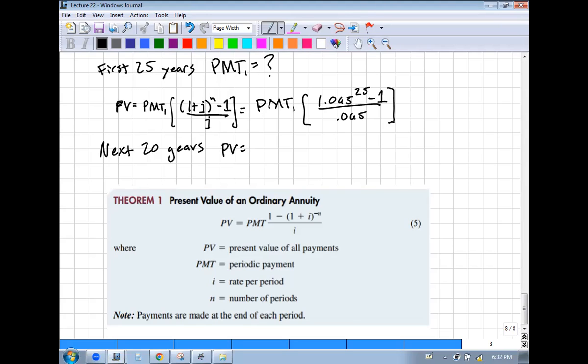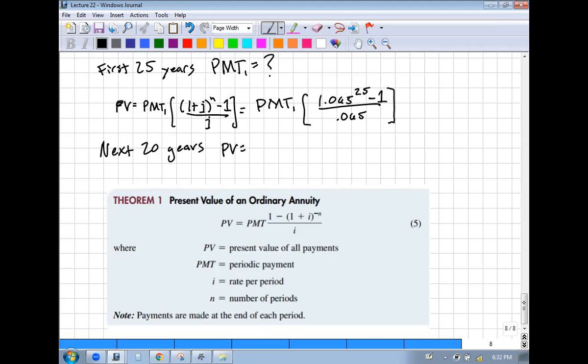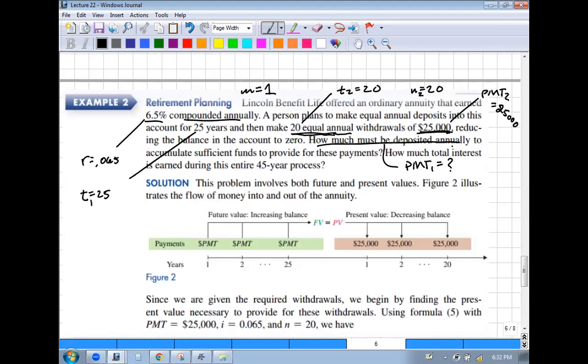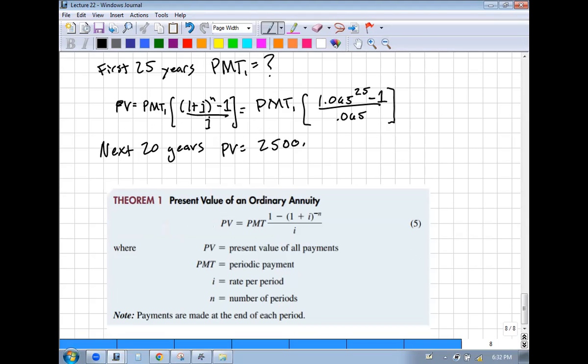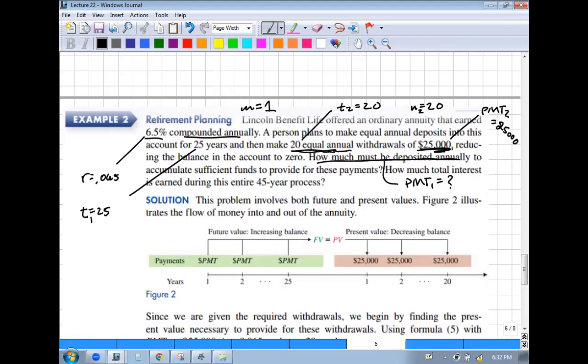So this PMT is different than this one, okay? This PMT is the 25,000 that we're taking out every year. That's the payment out. So we'd have 25,000 times 1 minus 1 plus I. So this second part, it's the same interest rate because it's the same account.